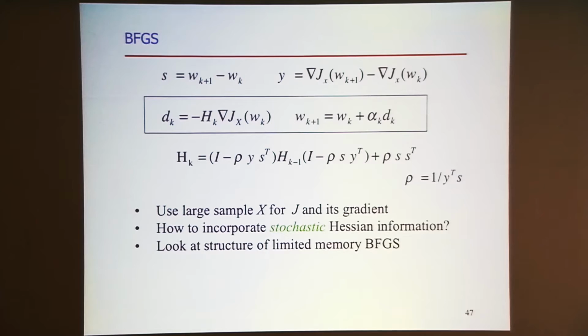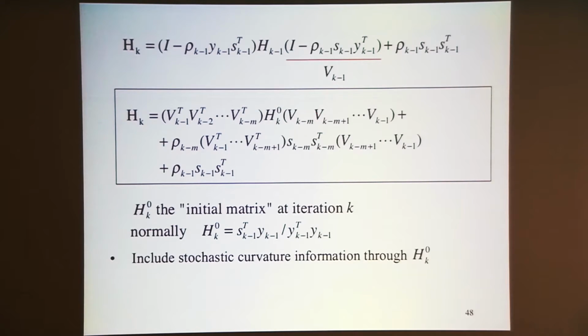How could I build a stochastic quasi-Newton method? Well, look at the structure of this updating formula a little bit more carefully, and we will be able to put subsampled Hessian information there. Okay, so if I have an updating formula of this form that gives you the relationship between the matrix at iteration k and iteration k minus 1, how about if we unroll this updating formula by expressing x_{k-1} in terms of x_{k-2} using the same formula?